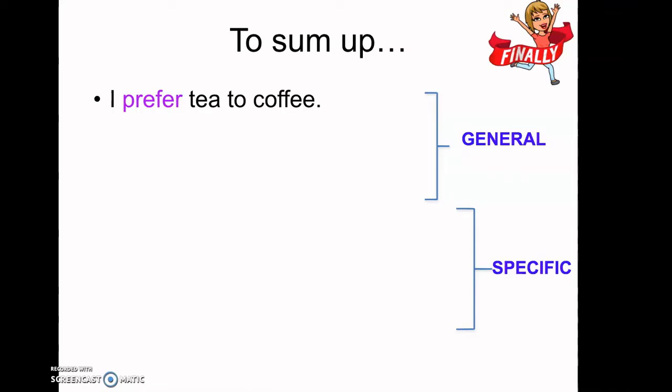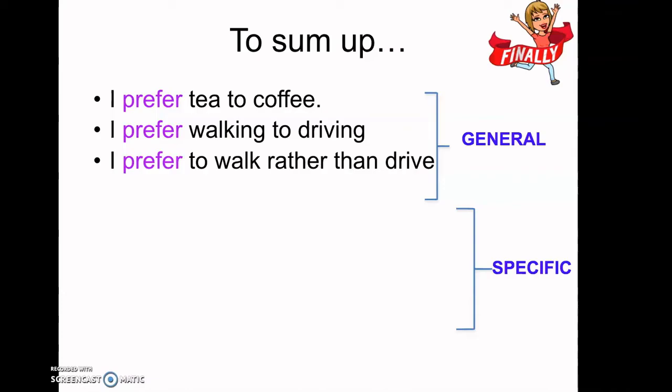No one is offering you tea or coffee and you need to decide. This is something that you express in general. You can also say, "I prefer walking to driving." Or you could say, "I prefer to walk rather than drive." So, as you can see, the main verb that we use for general preferences is prefer on its own.